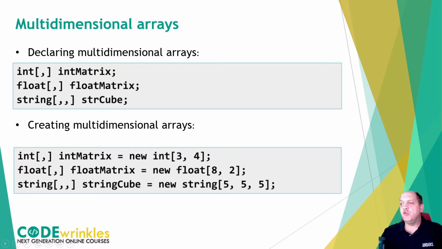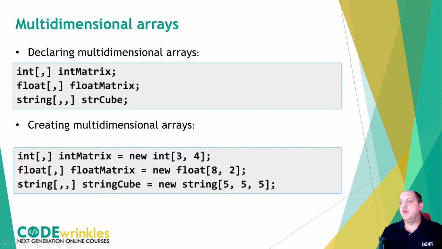Now, when we also want to instantiate the array, because what we have done here is only declare them, as previously said when we discussed arrays, they are fixed size. This applies also to multidimensional arrays. The only new thing here is that, for instance, for the first int matrix, if we want to instantiate it, we have to provide a length for each dimension.